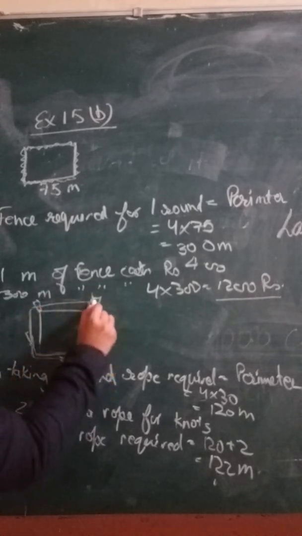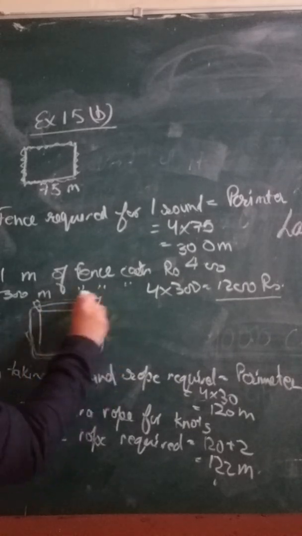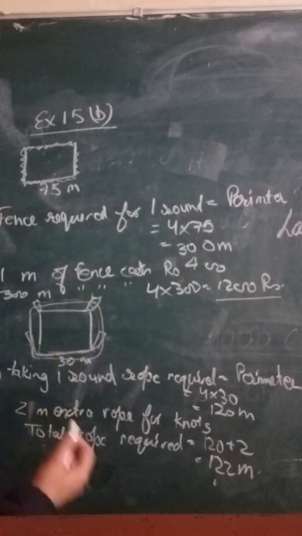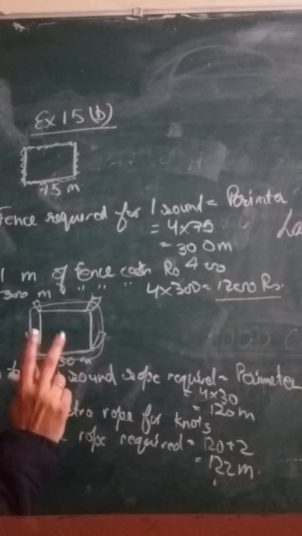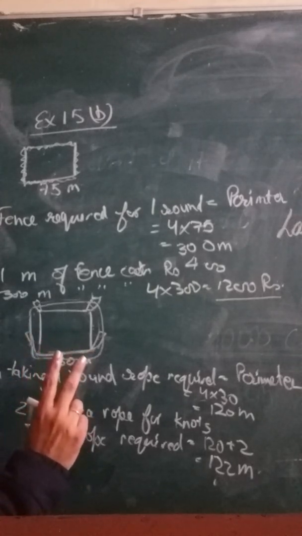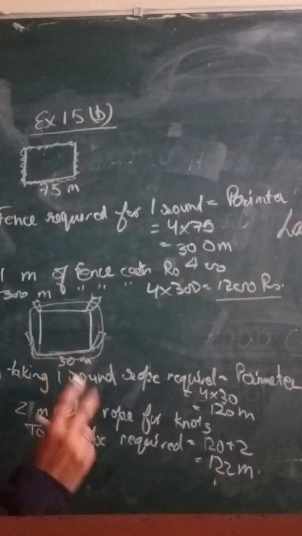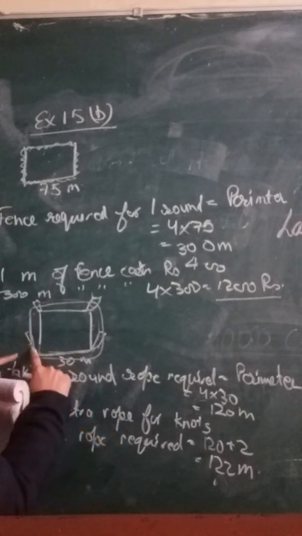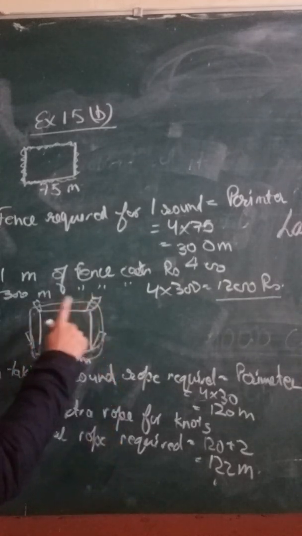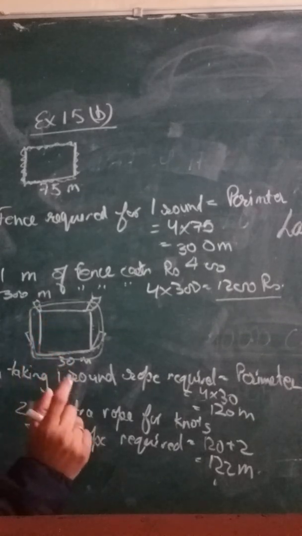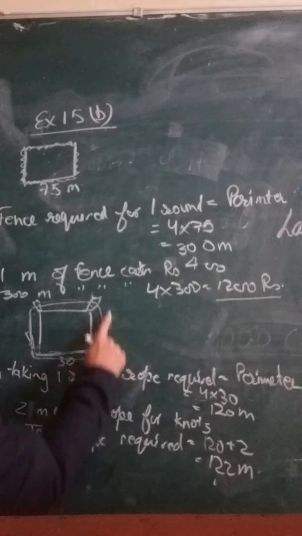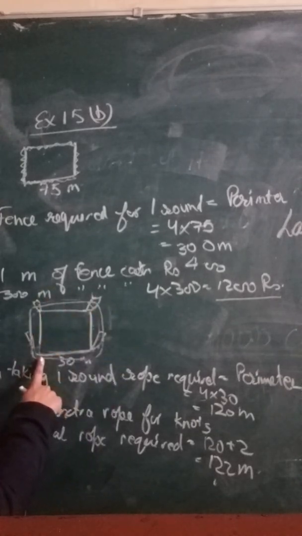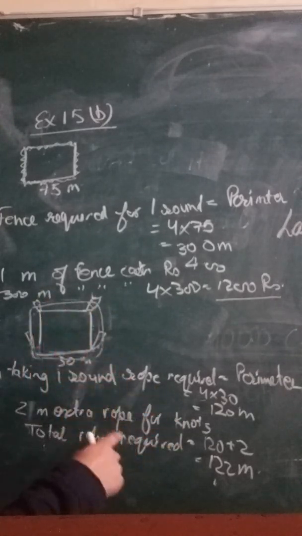So what is the length of the rope required? It is being stuck on all the 4 sides. So if we find out the perimeter, that will give you the length of the rope, and plus 2 meters extra rope is being used for tying the knots. Here they have tied the knot, here they have tied the knot. So 2 meters is being used for that knotting. So we will find out the perimeter, that will give you the rope required, and we will add 2 meters to it.